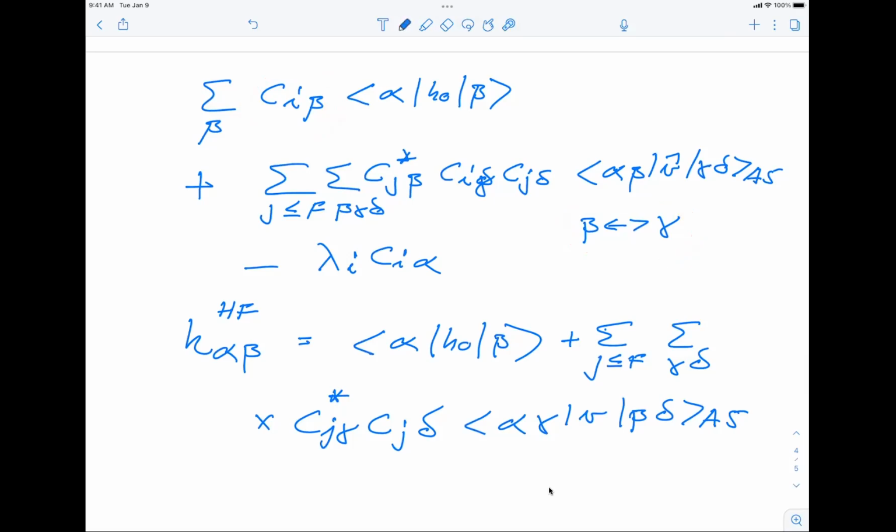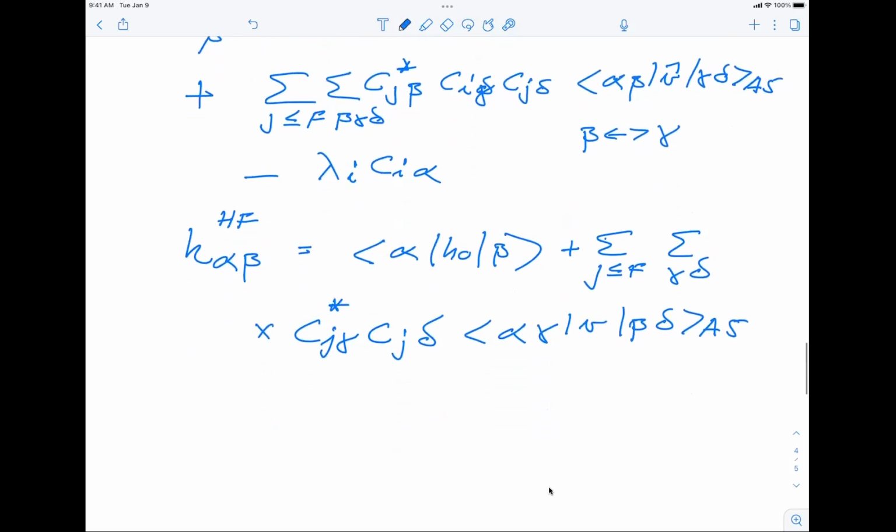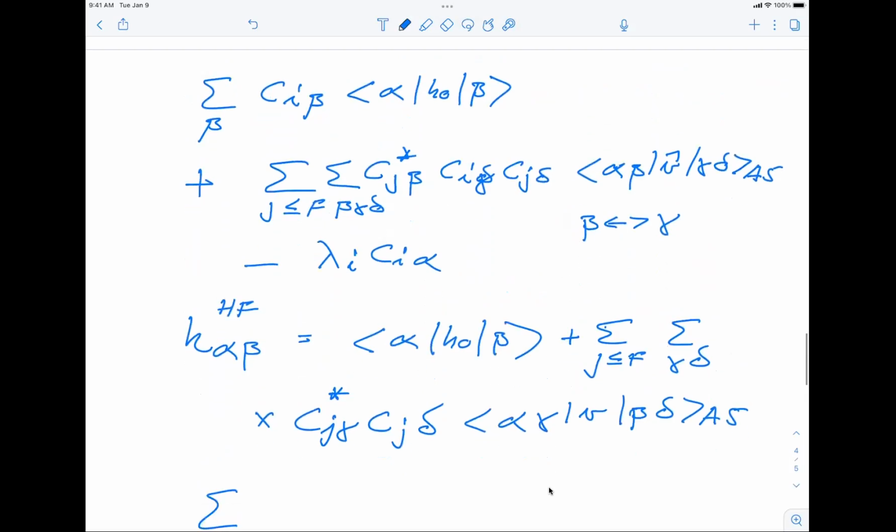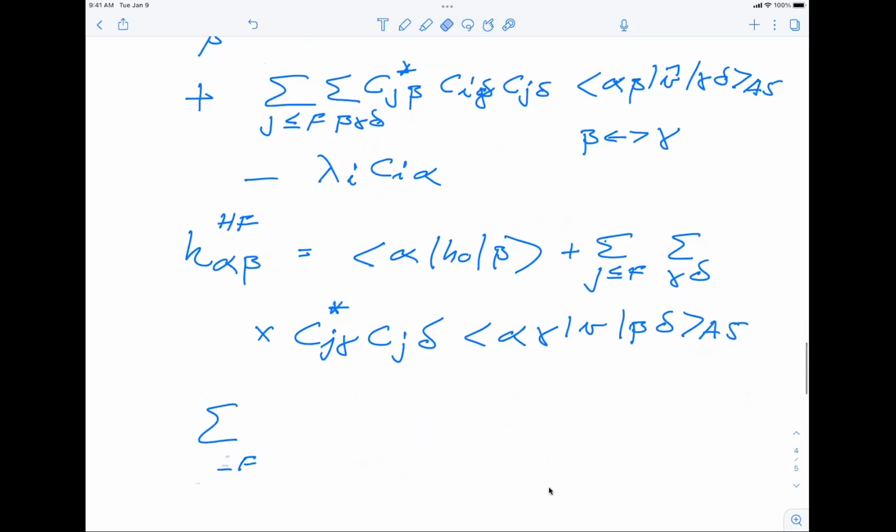So if I do that, you see now this looks like my Hartree-Fock Hamiltonian, which we decided upon. Then I can rewrite my equations in the following way. What I have done is a sum over the terms j below the Fermi level. So if you go up here, and then just let me note that one.